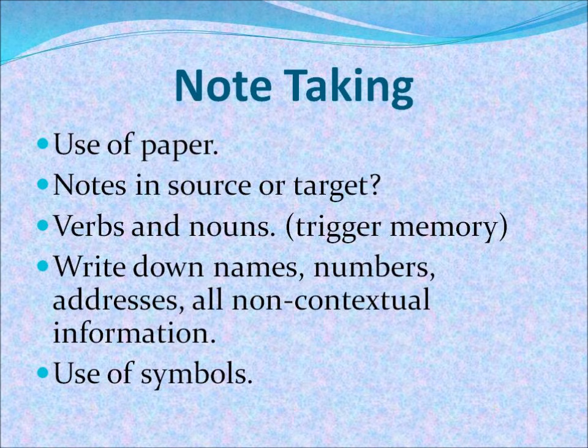Now, what type of words do we write down? Well, words that will trigger your memory, and that usually comes down to verbs and nouns, as we saw in the previous example. Other things that we have to write down are names, numbers, addresses, and any other type of non-contextual information.